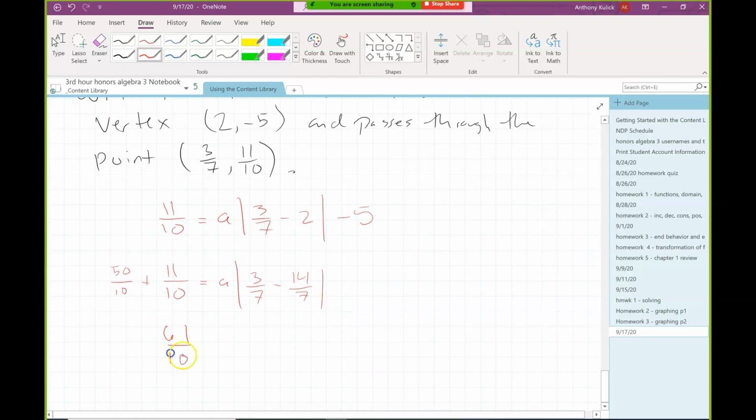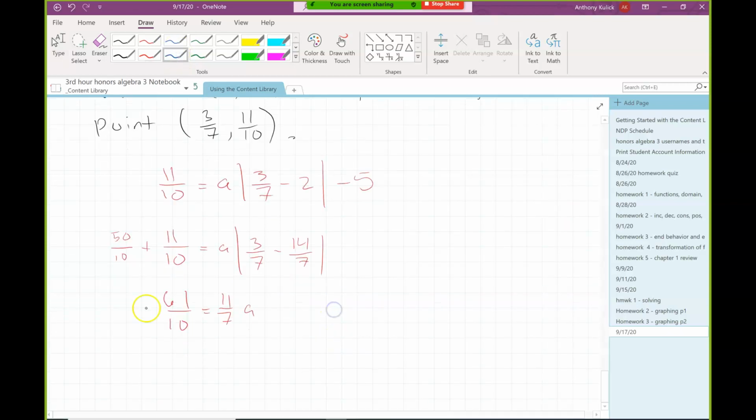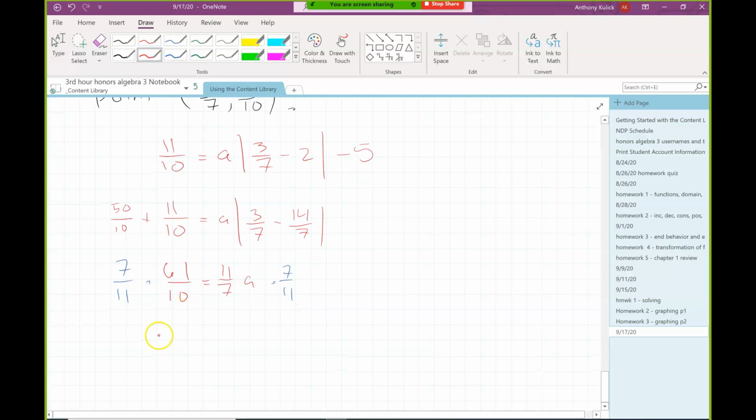So we have 61 over 10 is equal to the 11 over 7 times A. Now 3 minus 14 is negative 11. So the absolute value is going to be positive 11 over 7. And then we'll just multiply the reciprocal to both sides. So 7 times 61 is 427. And 11 times 10 is 110.